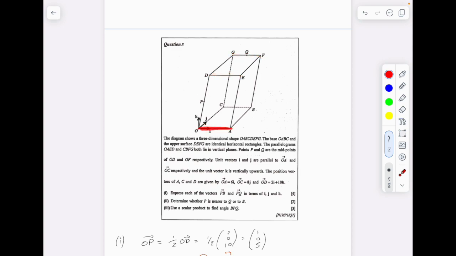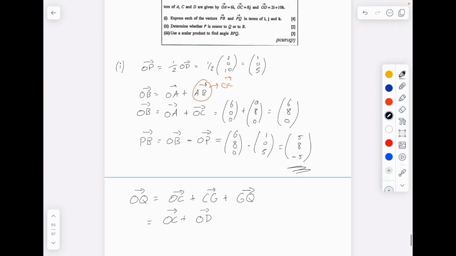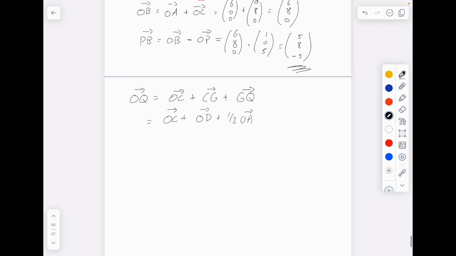And Q represents the midpoint, so all we have to do is split this in half. Okay, so what I can say is GQ is therefore going to equal half of OA, right?